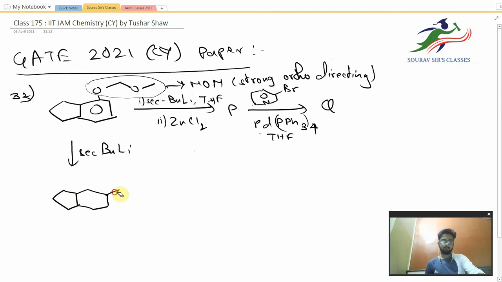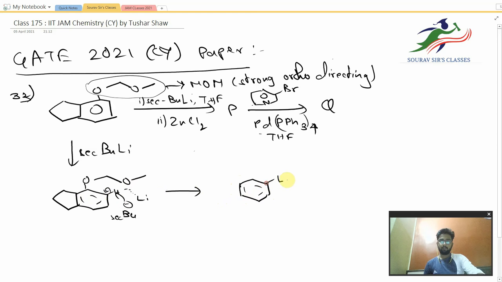So this would be forming a chelate with the lithium ion. The sec-Bu minus ion would take up this hydrogen from the system, so here a minus charge would be formed. This minus charge would be incorporated with the lithium ion.